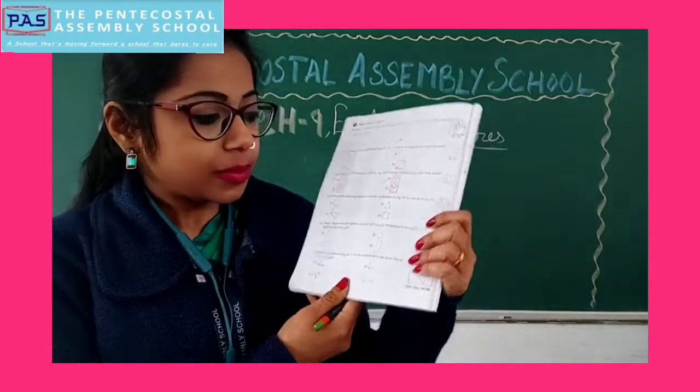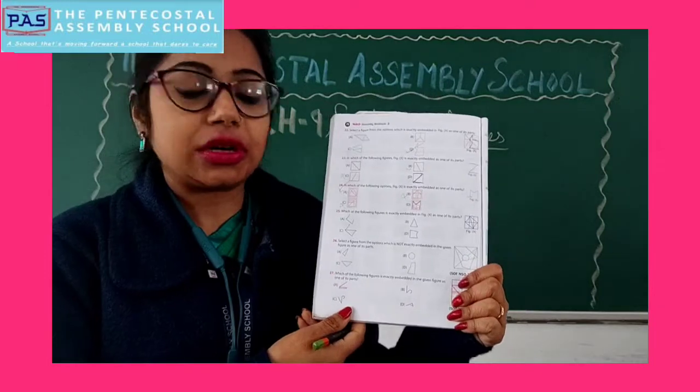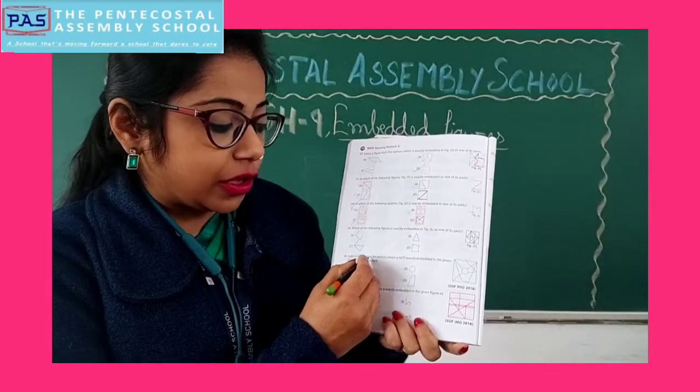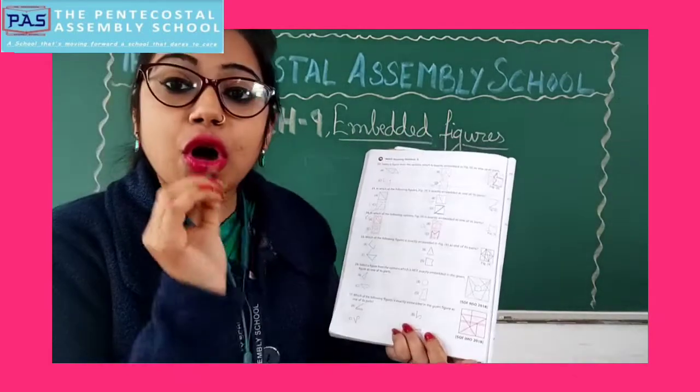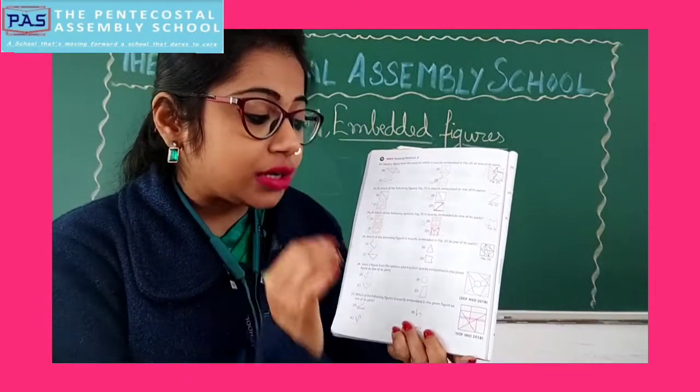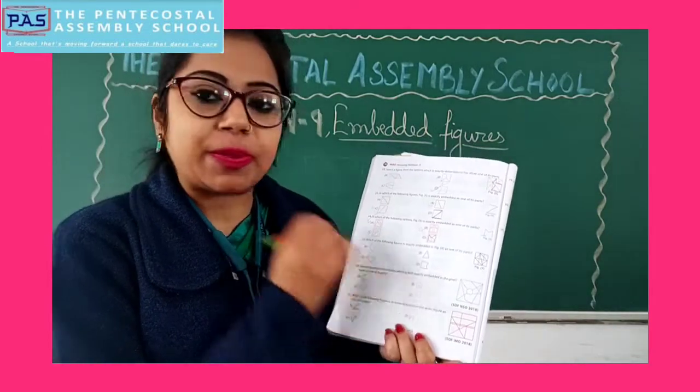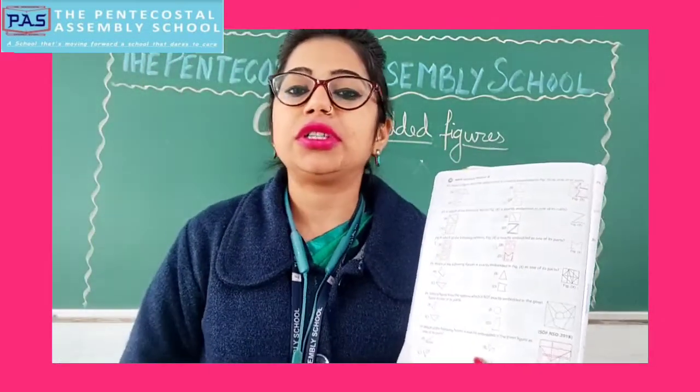Now let us see question number 26. Select a figure from the option which is not exactly embedded in the given figure as one of its part. This is a new question, children.